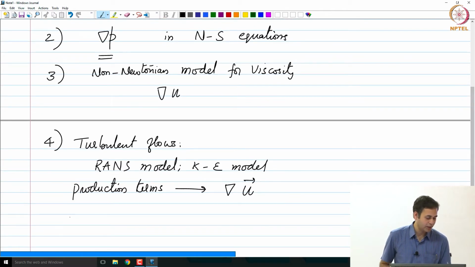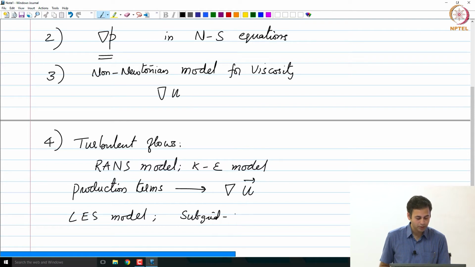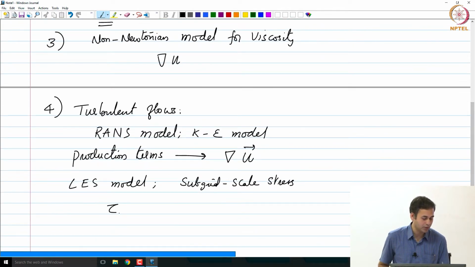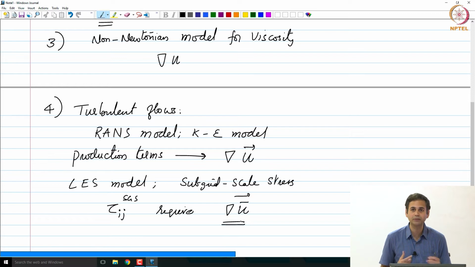And further, let us say you have a large eddy simulation model, something like a Smagorinsky model, then the subgrid scale stresses that we get, that is the tau ij, the subgrid scale tau ij superscript SGS, would also require the filtered velocity gradients, which are basically the dependent variables that we are solving for.